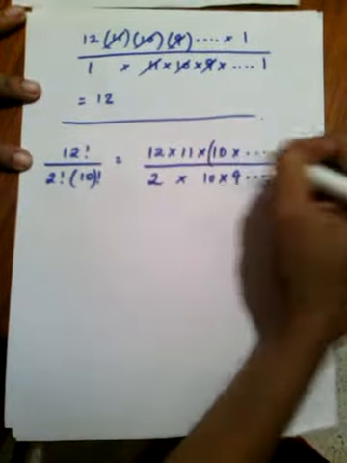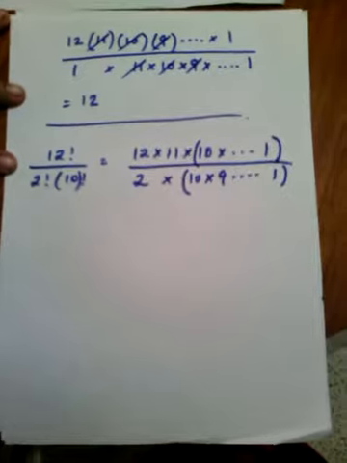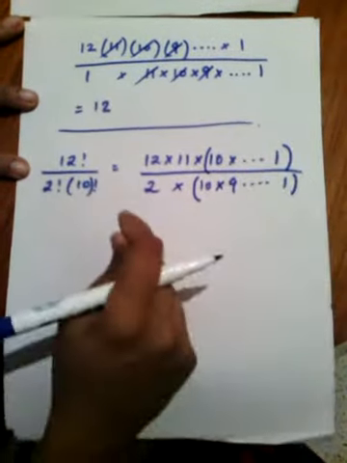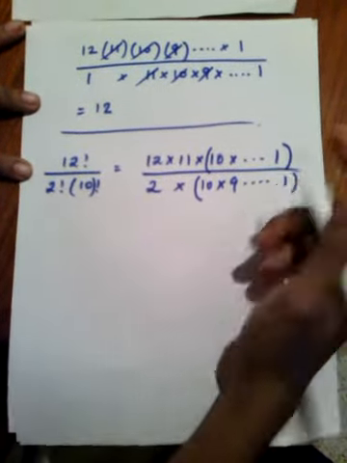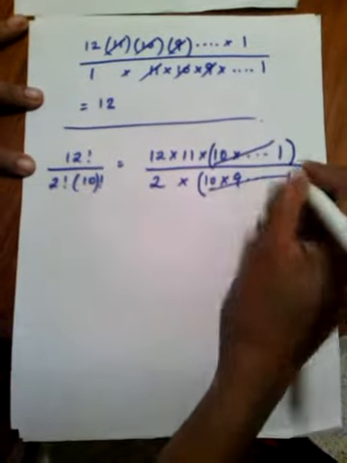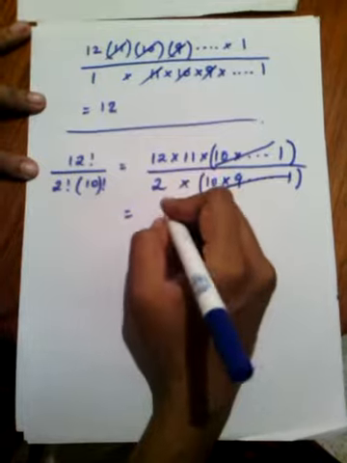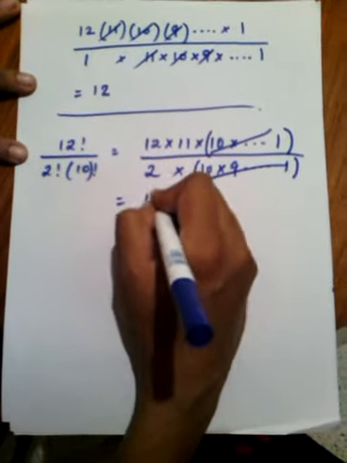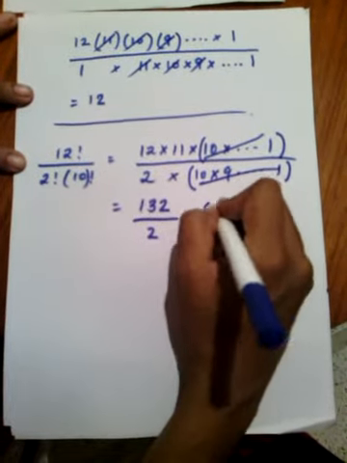But you find that the term in brackets in the numerator and the term in brackets in the denominator are identical. That's 10 times 9 times 8 times 7, one less than the previous number, all the way to 1. So those cancel, which leaves me with 12 times 11 divided by 2. That's 132 divided by 2, which should be 66.